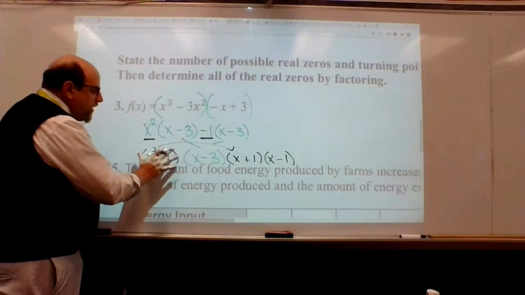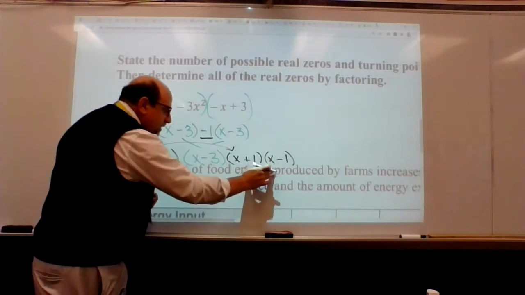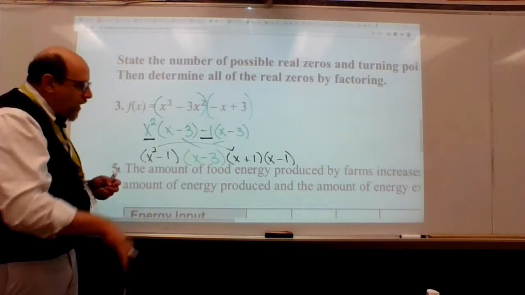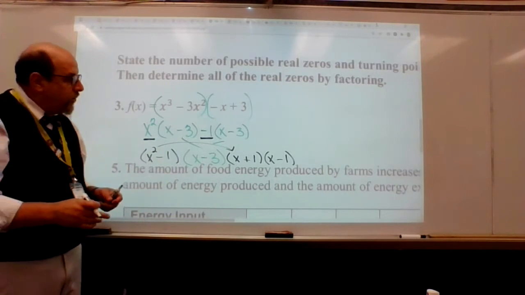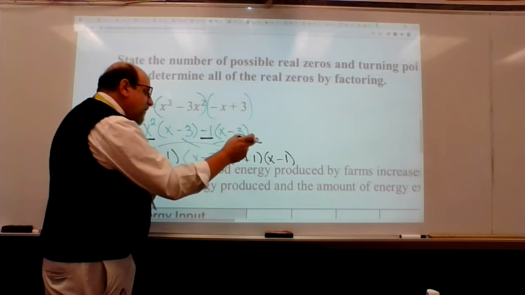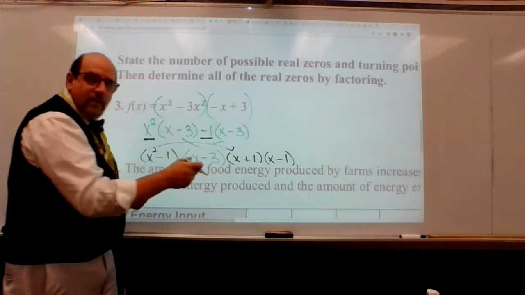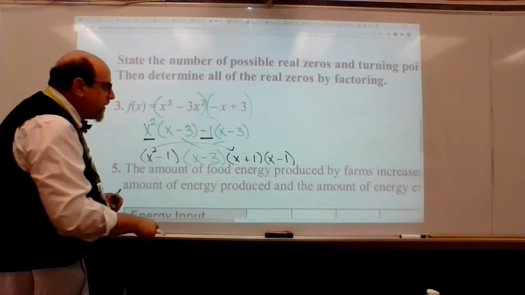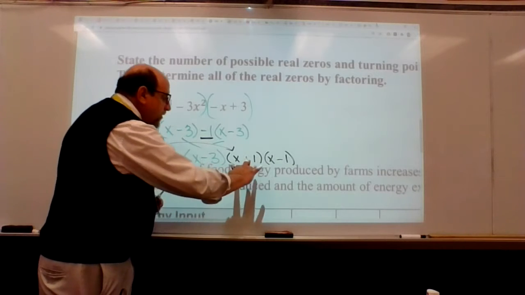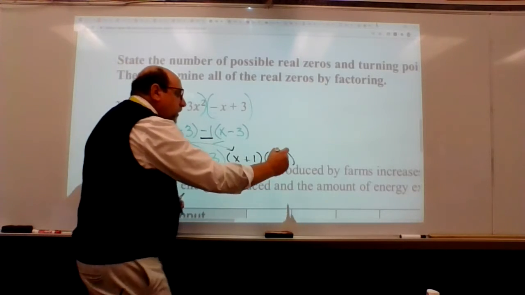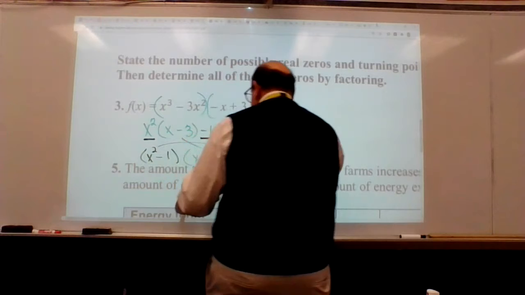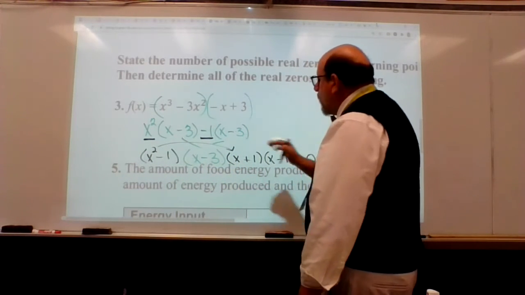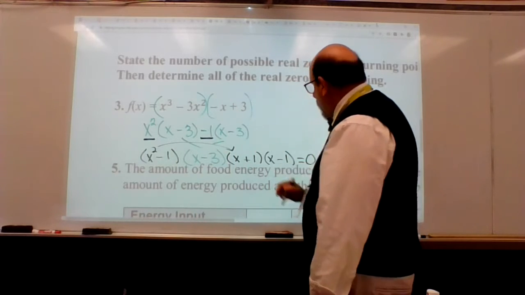And if you don't believe me that this is this, pause the video, finish watching the video, whatever you want to do, go ahead and FOIL that, and see what you come up with. And trust me, you'll come up with that. All right, so these are the 3 factors that I get when I break this down and factor by grouping.